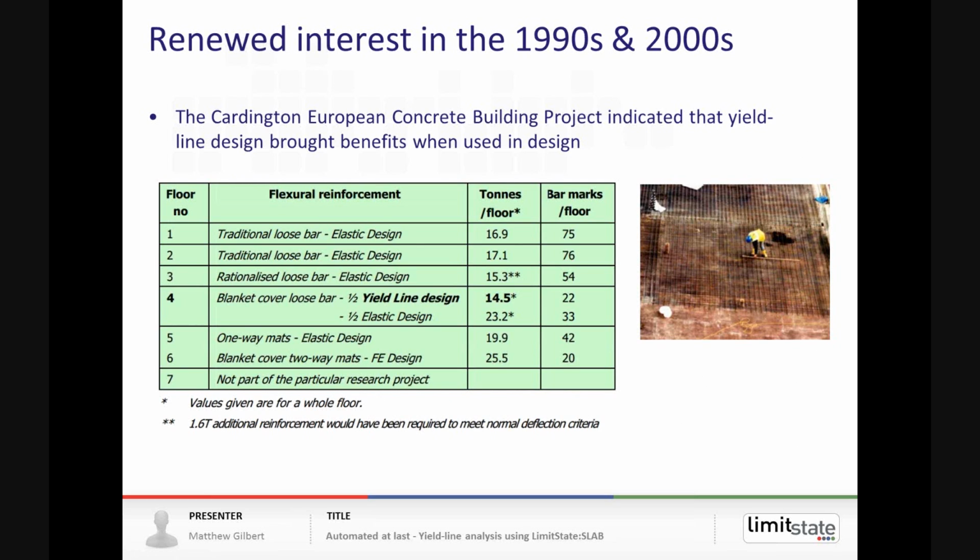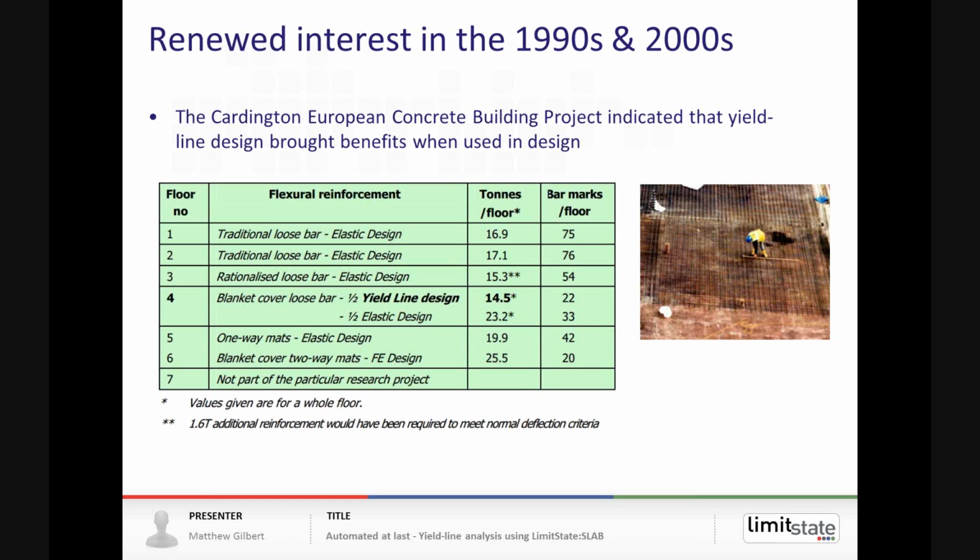Another instance of the Yieldline method being used in the last few years is for the Cardington European concrete building that was constructed 15-20 years ago. And what they did was they used different design methods to design different floors.